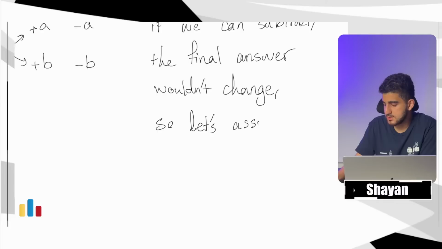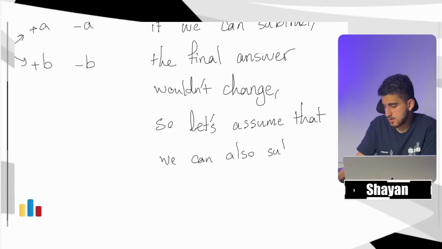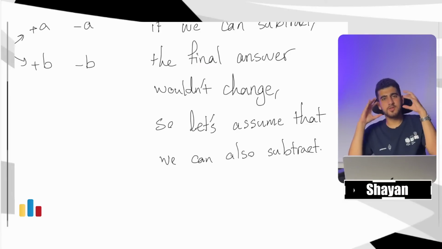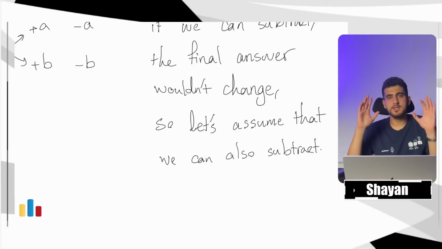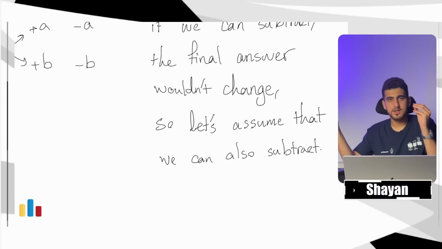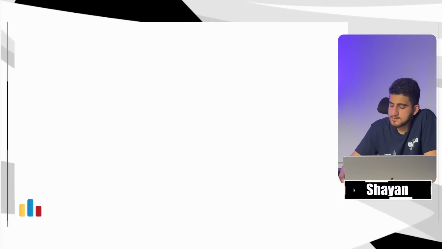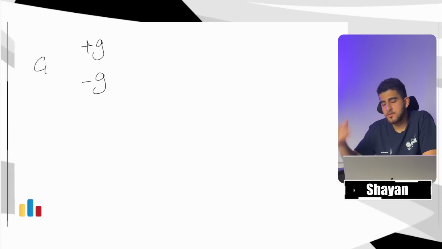We showed that the answer wouldn't change if we can also subtract, and then everything is cleaner to think about the problem. You should just consider that you can also subtract, because this will help you get the solution faster, as everything is going to be cleaner and easier to comprehend. So now that you can also subtract, we know that we can add G to each number or subtract G from each number, because we know that there is some formula.